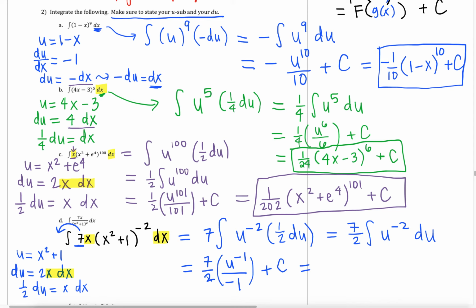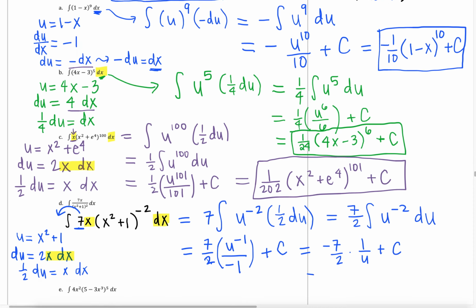From here, I can rewrite that as negative 7 over 2 times 1 over u, since that negative exponent can be flipped back down. And from here, replace our u, so we get negative 7 over 2 times 1 over x squared plus 1, and then plus c. And that would be our final answer then.